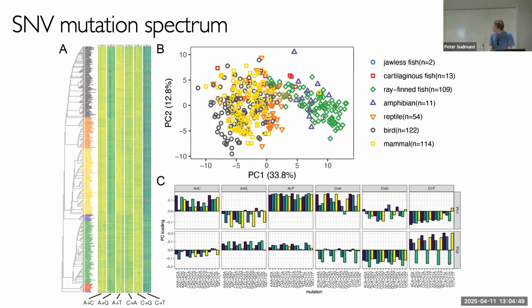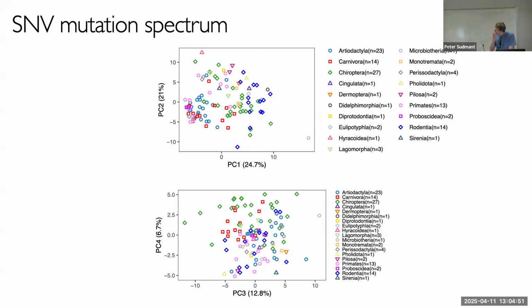You keep going further down here, and you can actually break things apart even more. So who is this? Okay, who is this? No, this is just the mammals. So this is just the mammals here. Okay, so you might say that that's the crappiest PCA I've ever seen, Peter. And fine.